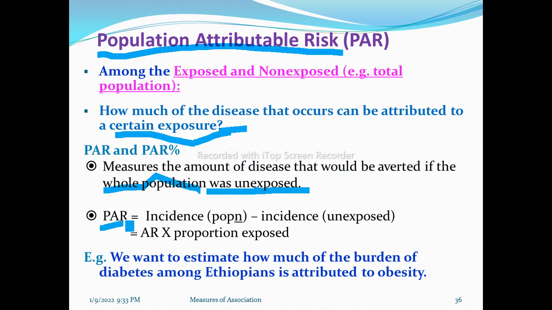So population attributable risk is equal to incidence in the population minus incidence in unexposed. In another way, it is attributable risk times proportion of exposed.